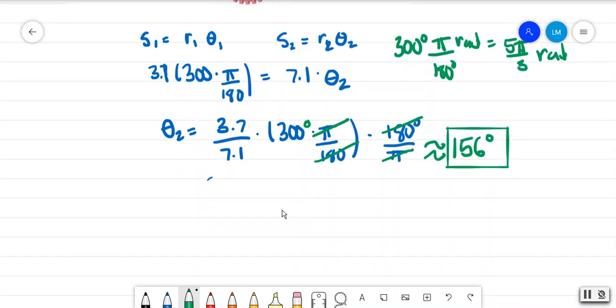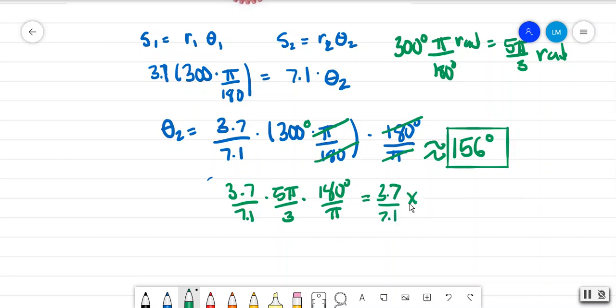So if you really were a purist where you're used to just saying 3.7 divided by 7.1 multiplied by 5 pi over 3, you would still be multiplying by the 180 divided by pi, but the algebra works itself out to where everything else just cancels out, and you're just taking the ratio, 3.7 divided by 7.1, and multiplying that times the 300 degrees, which works itself out in terms of the dimensions.